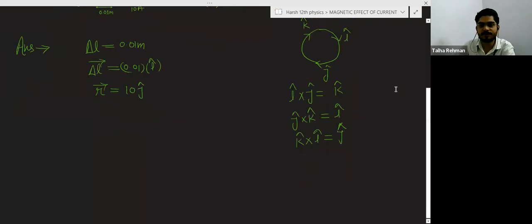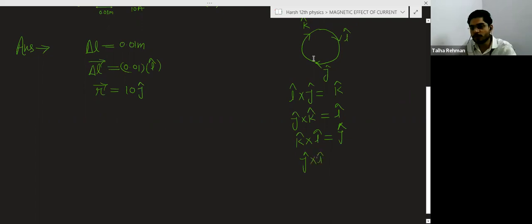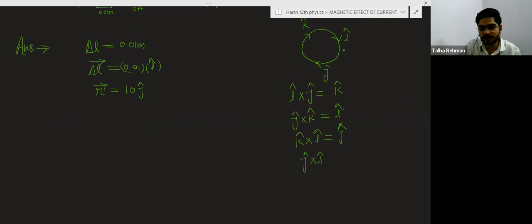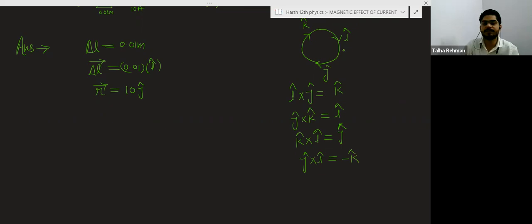If I want to find J cross I, then J cross I means you have to go in the opposite direction of the circle, in the opposite direction that you have taken. From your taken direction, you have to go into the opposite direction. So J cross I will be minus K cap. Accordingly, you will just find. So this is the thing.